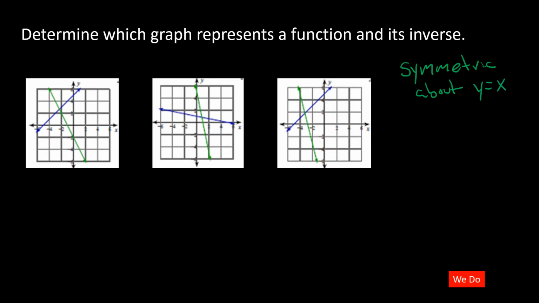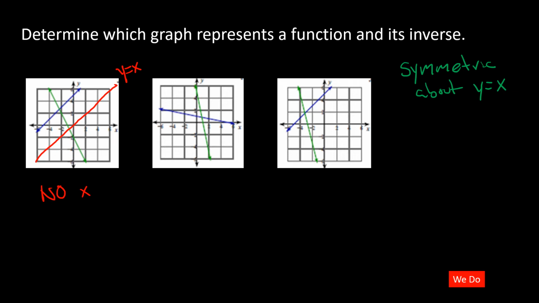That is that perfect diagonal. So I'm going to draw a red line that represents y equals x. If I was to fold on this red line, would my green and my blue perfectly land on each other? I'm going to say no. This is wrong. Those would not land on each other at all.